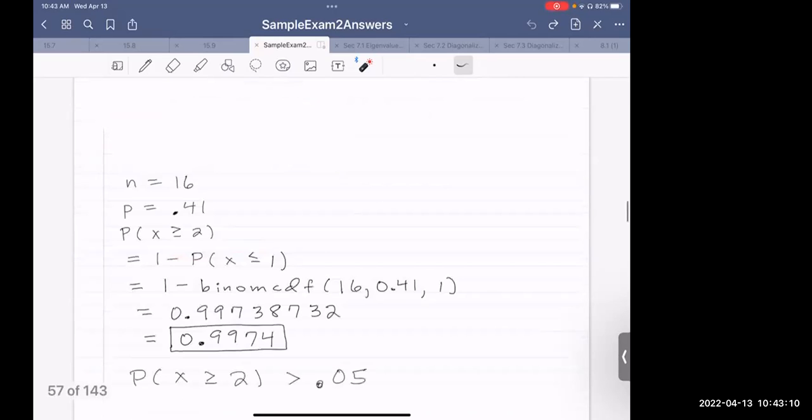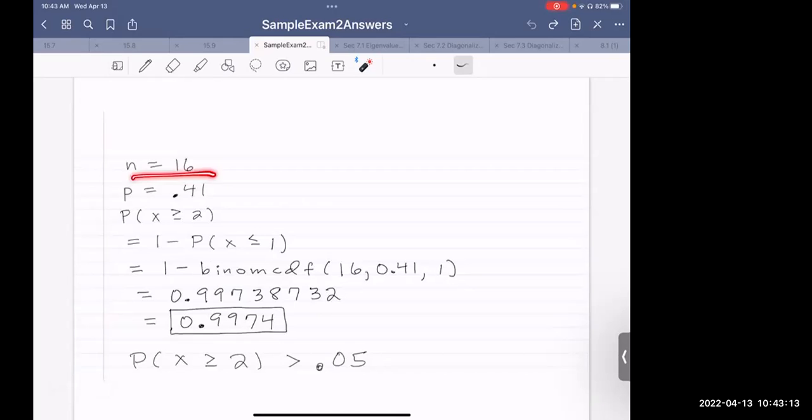again, this is a binomial distribution with n equals 16, p equal 0.41. I want to find the probability that x is greater than or equal to 2. And so I'll look at the complementary event, 1 minus the probability that x is less than or equal to 1.